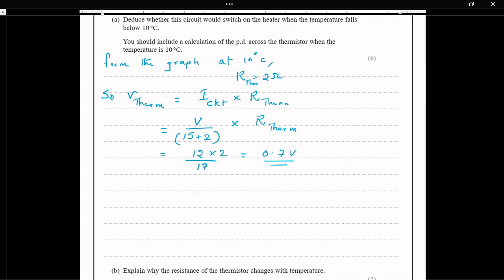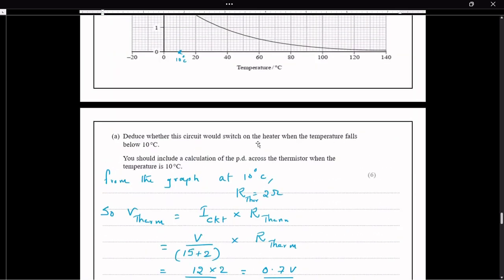If the temperature goes below 10 degree, the resistance increases and the PD across the thermistor is increasing. What they are asking here is whether the circuit would switch on the heater when the temperature falls below 10 degree.